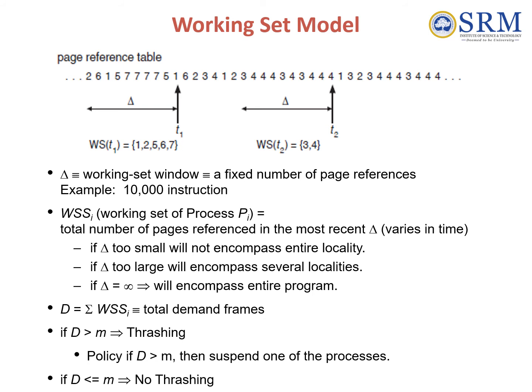So what is the policy we want to maintain? If D is greater than memory, then suspend one of the processes so that another process can load its pages. If D is less than M, there is no possibility of thrashing.